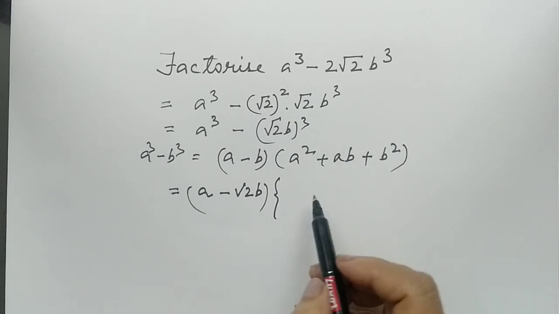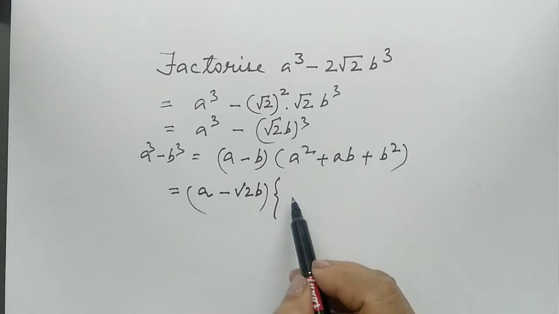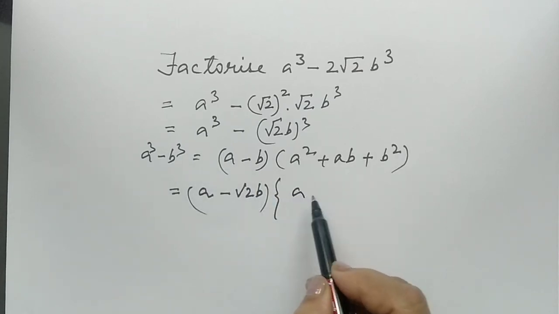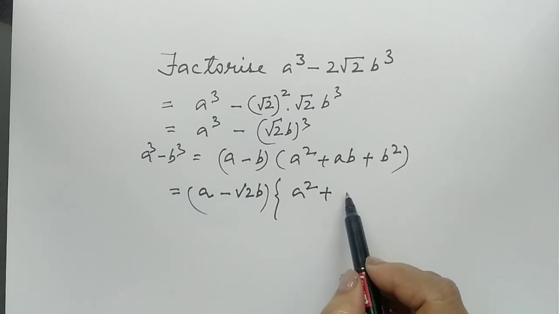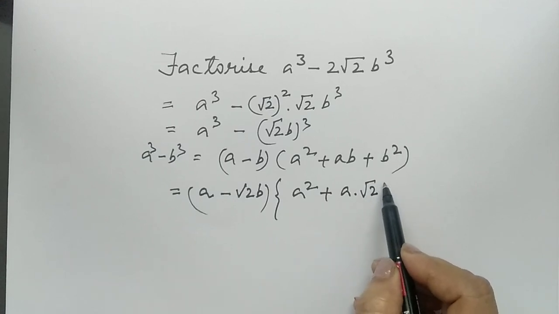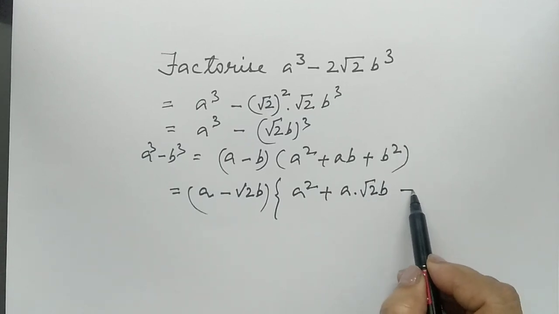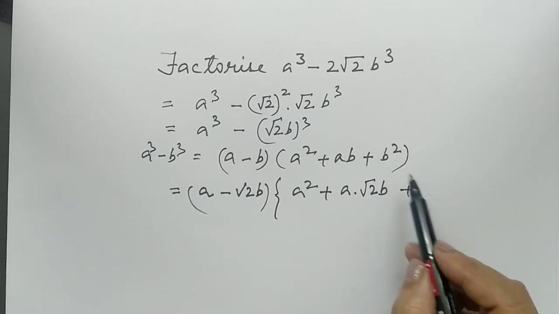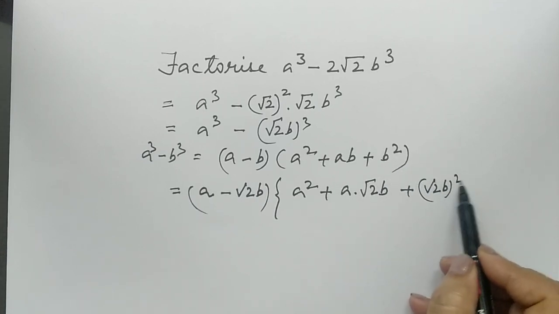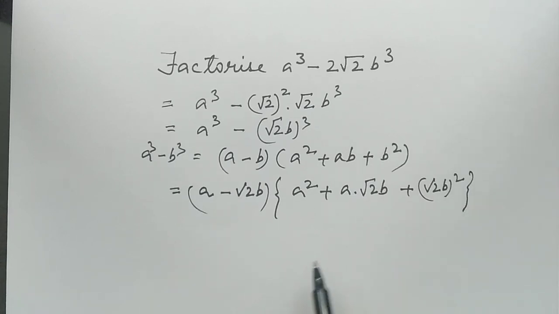And here we have a square already. My a is a itself, so a square, and when my a is a, my b is root 2b, correct? And here we have b square, which means root 2b needs to be squared.